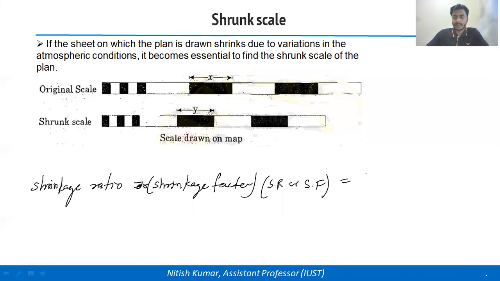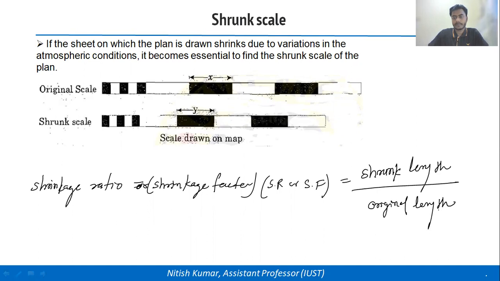So that is the ratio of shrunk length divided by original length. Suppose shrunk length was y centimeter and original length was x centimeter.